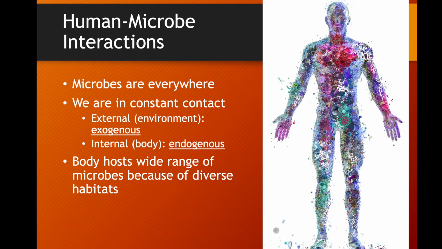There's tons of stuff in the air, in the foods we eat, in the water that we drink, in the bed that we lie in at night. Those are exogenously sourced organisms, things that are from the outside environment and can interact with us on the outside or even invade on the inside.